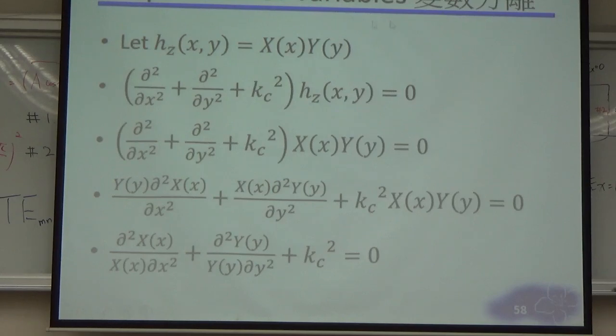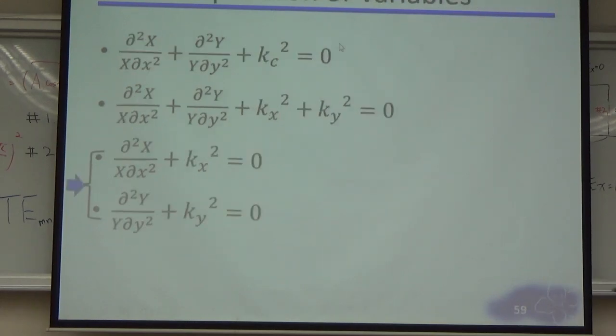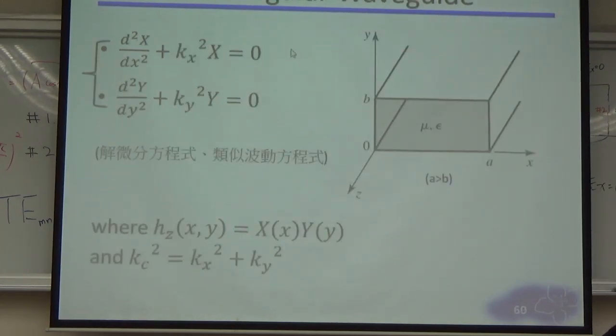And then we use the separation of variables. We set small h equal to capital X times capital Y. We separate the X part and the Y part, and we use the wave equation.